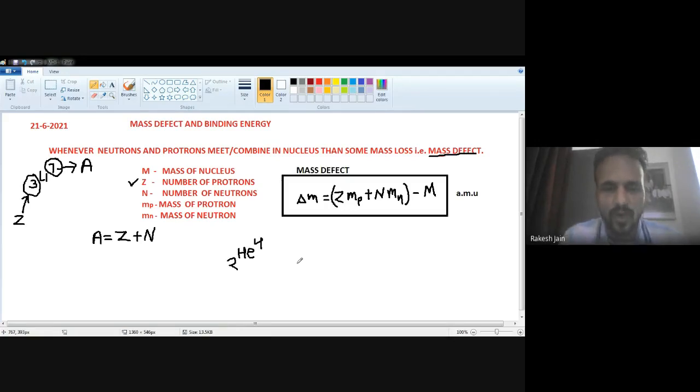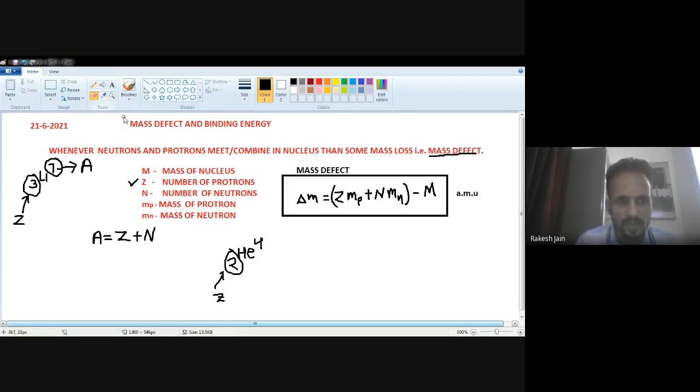So 2He4, 3Li7, and if it is beryllium, then 4Be8 is automatically given. Now, what is Z? Z is the atomic number, also known as the number of protons. So Z is 2.